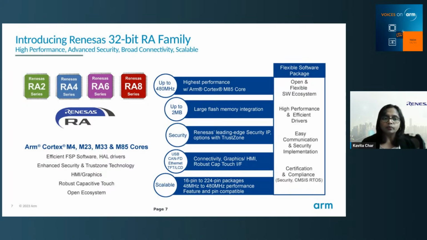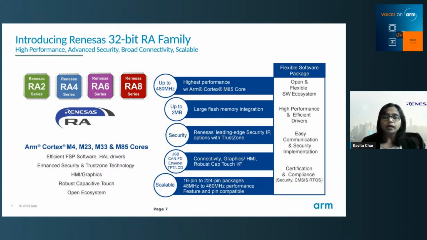We have the ultra-low power RA2 devices, very suited for battery-powered applications with strong capacitive touch and analog features. The midline is covered very well by the RA4 and RA6 devices that have high peripheral integration as well as high performance. And then, of course, we have the newest RA8 series devices that take the performance up a level to 480 megahertz. All of the devices integrate large flash and SRAM, on the RA8 series up to 2 megabytes of flash.